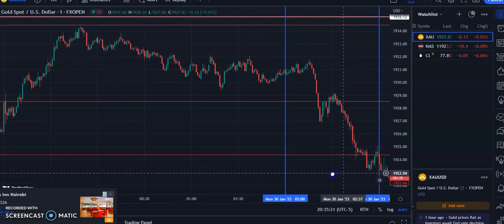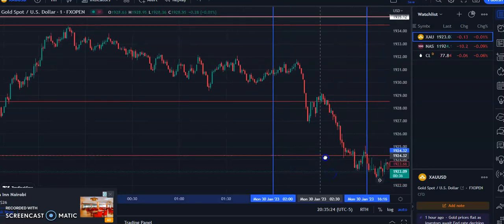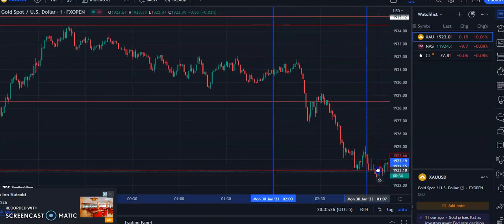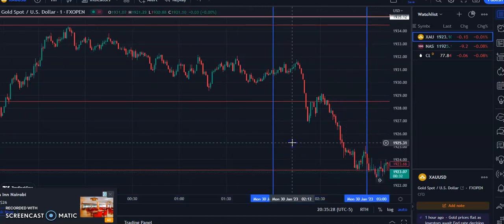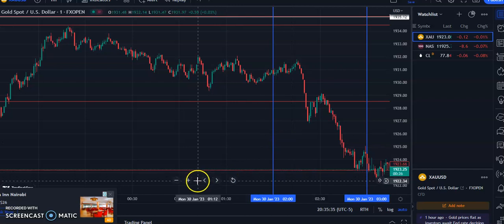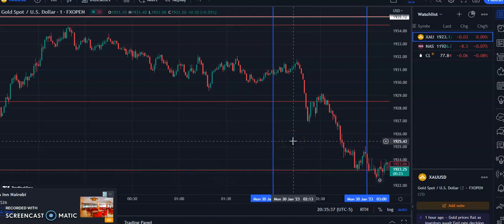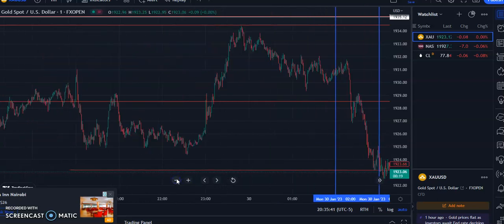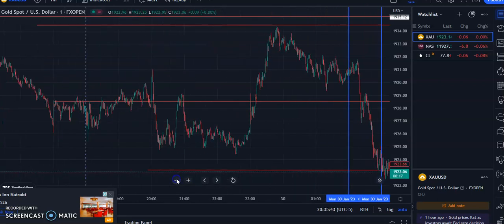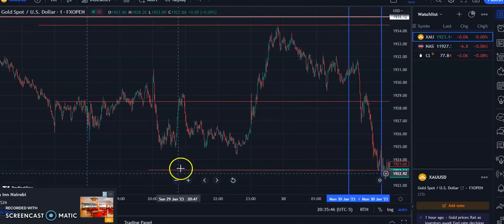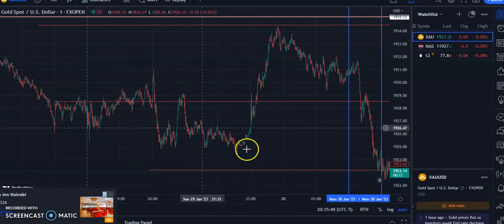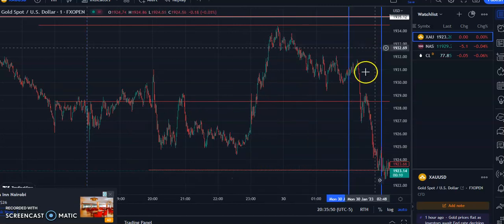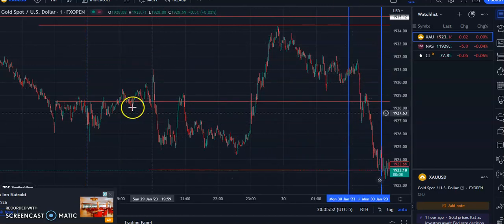Now, the first hour sets the high and the low of the session, but we know we are below the low of the day. So we are just looking for the pump and dump setup, because as I've said again, there is no particular direction this market is moving. It's just oscillating around the open.